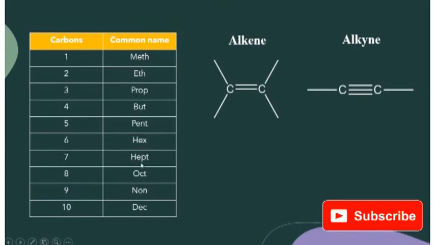For seven carbons, hept. And oct is for the eight carbons. For nine carbons, it is non, and if ten carbons are present in the longest chain, then the parent name starts with dec. So this table gives the start name of the parent name.